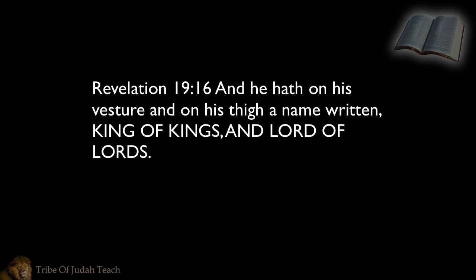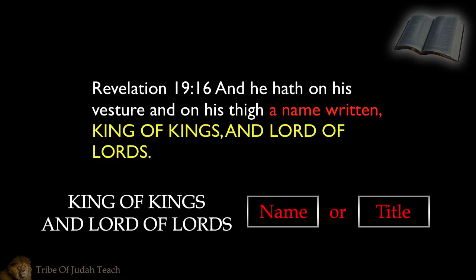It says, "And he hath on his vesture and on his thigh a name written, King of Kings and Lord of Lords." Once again, King of Kings and Lord of Lords. Is that a name or a title? It's a title.